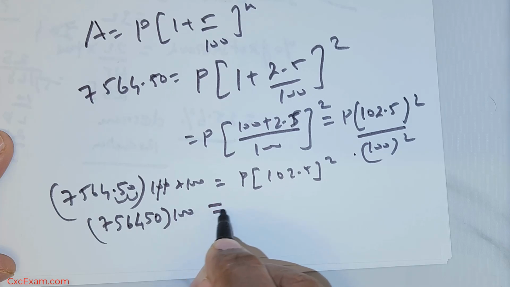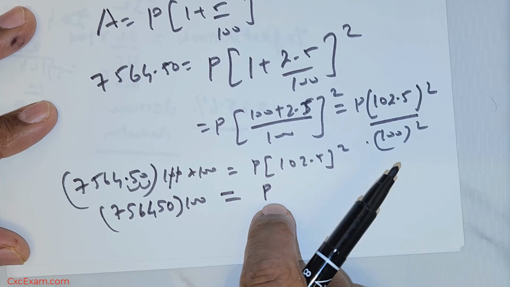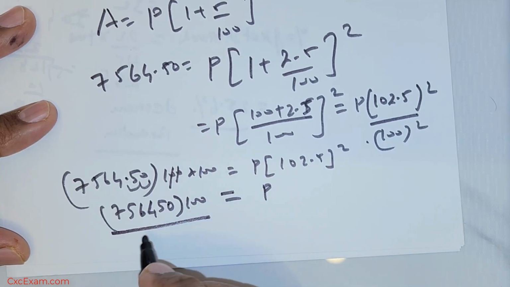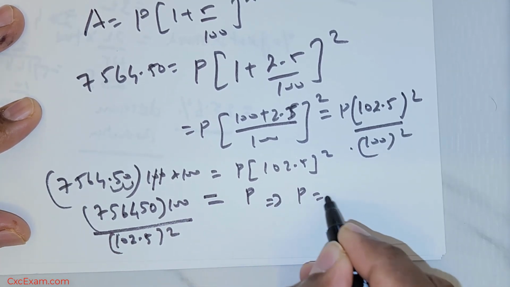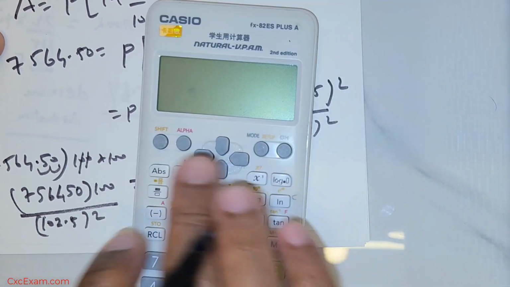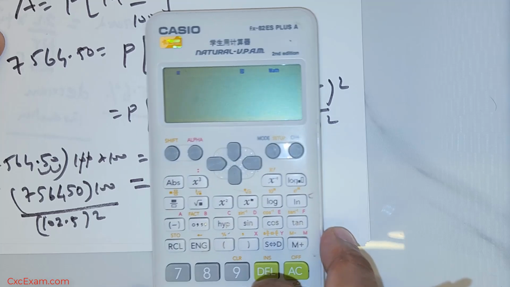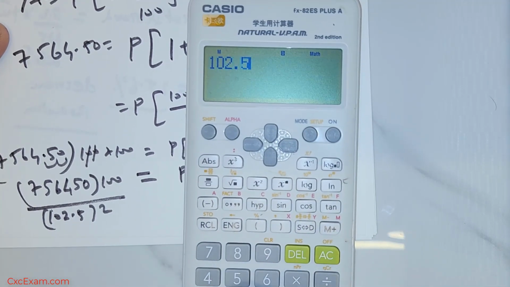Okay, so this is equal to, I keep the P on the right hand side and push this 102.5 whole squared. So we need to use a calculator. First I will find out what is 102.5 squared.